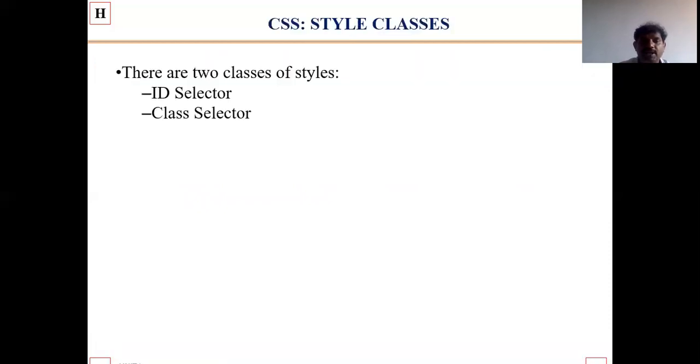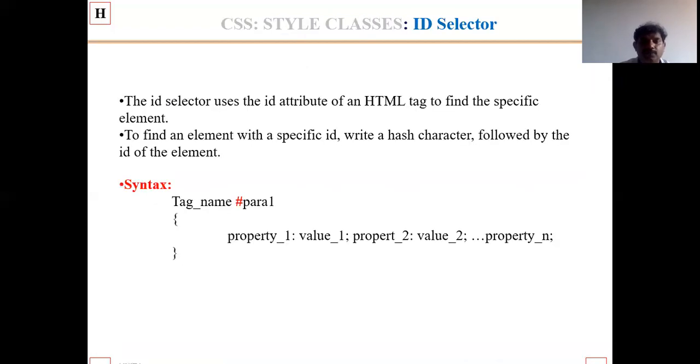In style classes, there are two kinds of selectors: ID selector and class selector. The ID selector uses the ID attribute of an HTML tag to find a specific element. To find an element with a specific ID, write a hash character followed by the ID of the element. If you want to show any element in a unique way, we specify it with hash.